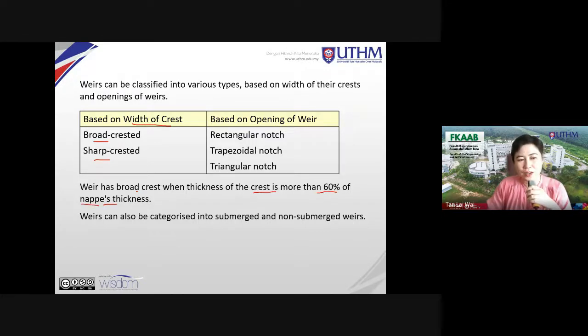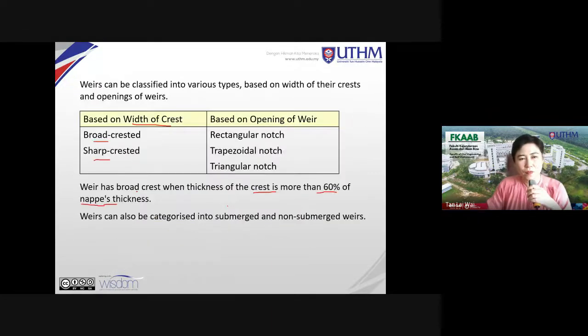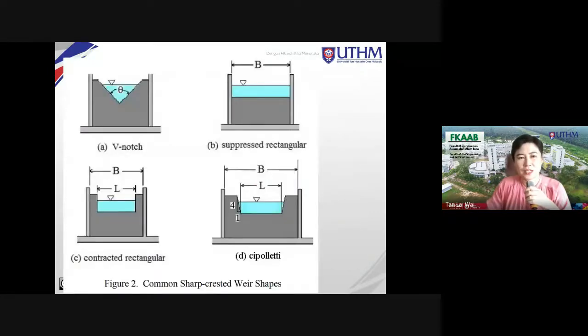You have to look at what is the nappe. This is the nappe, right? Now, if we look at the opening of the weir, we can also classify the weir into rectangular, trapezoidal, or triangular notch. For example, this is a triangular notch. This is a rectangular. All this is rectangular. This is a trapezoidal notch.